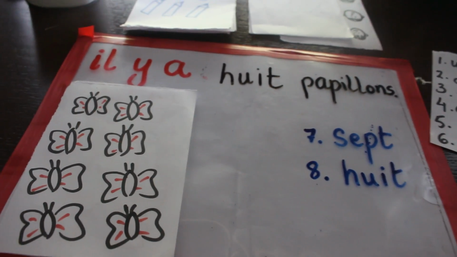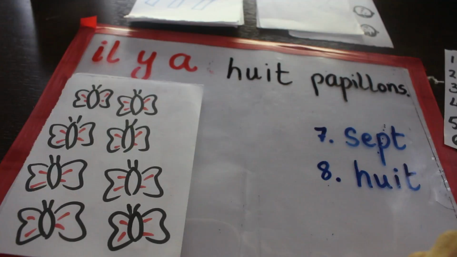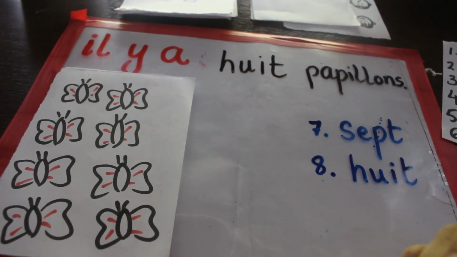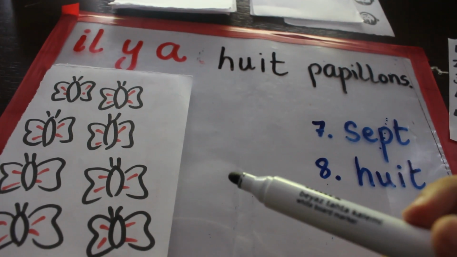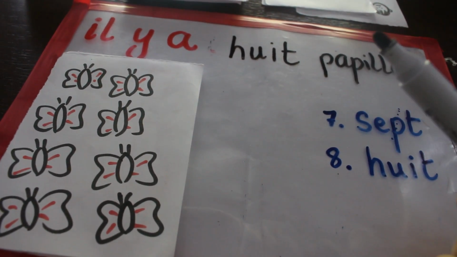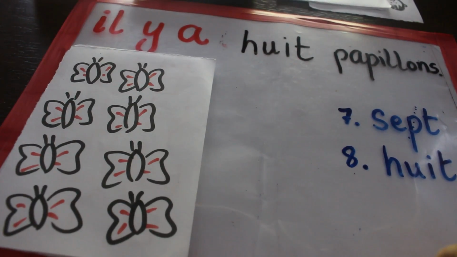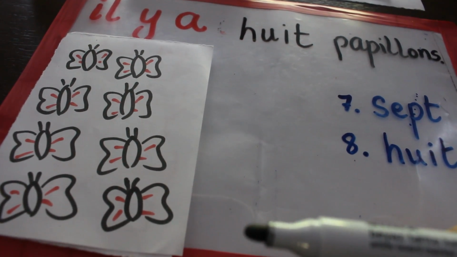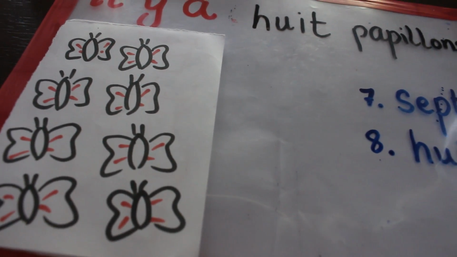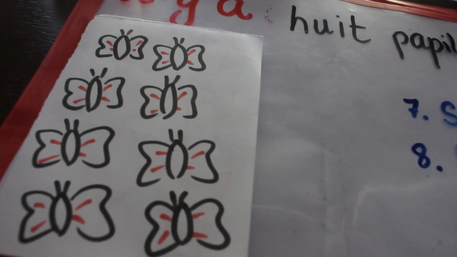Il y a 8 papillons. There are 8 papillons. The question for this is, qu'est-ce qu'il y a? What is there? There are 8 papillons. Now let's proceed to our number 9.